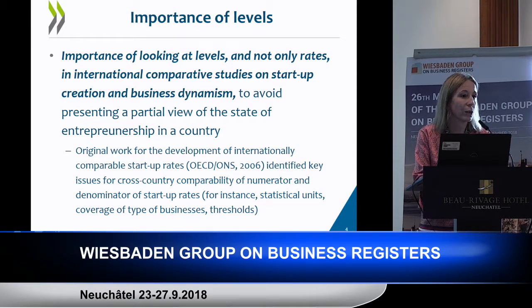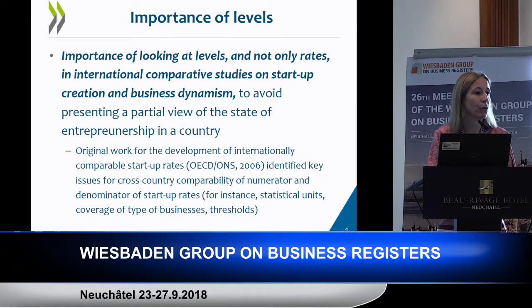If we go back to 2005, 2006, when all the work that was then translated into the Eurostat OECD manual on business demography statistics was prepared, at that time, in the identification of what were the key possible indicators to track enterprise creation across countries, this key indicator of birth rate was identified.